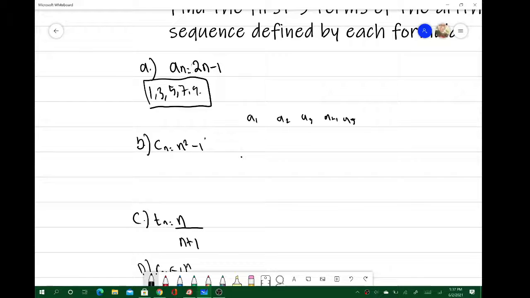So 1 squared minus 1, if we put that for n, it's going to be 0. 2 squared minus 1, that's 4 minus 1, which is just 3, right? A sub 3 is 3 squared minus 1, that's 9 minus 1, which is 8.